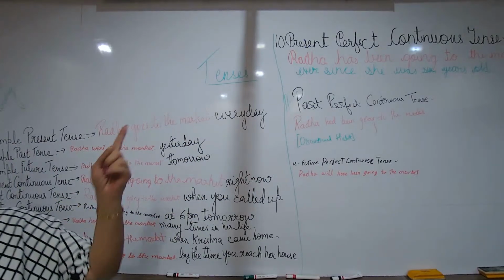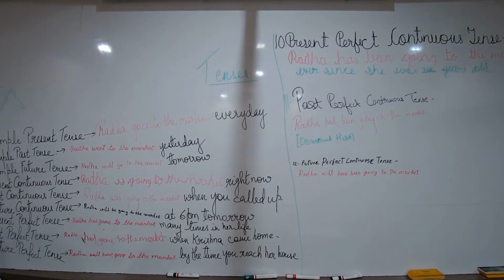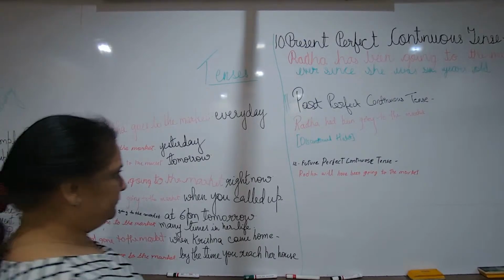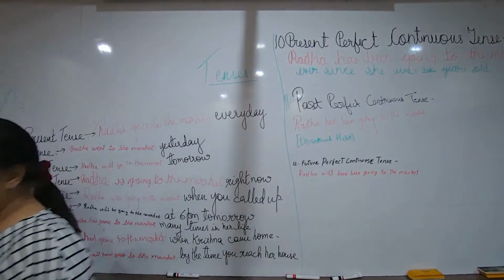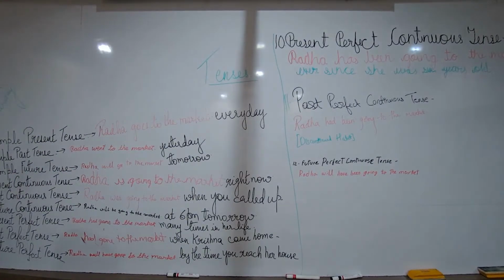Radha will have been going to the market for 10 years now next Tuesday. कि नेक्स्ट ट्यूसडे को राधा को डेली मार्केट जाते हुए 10 साल हो जाएंगे. Got it? It is sure, will have been going, simply उसको जाते हुए 10 साल हो जाएंगे ट्यूसडे को.